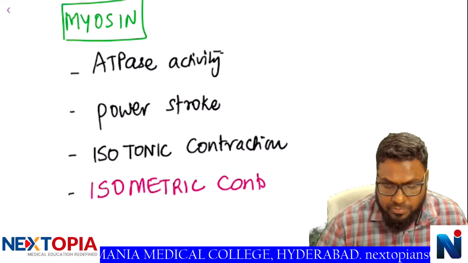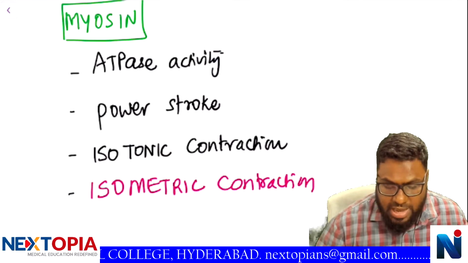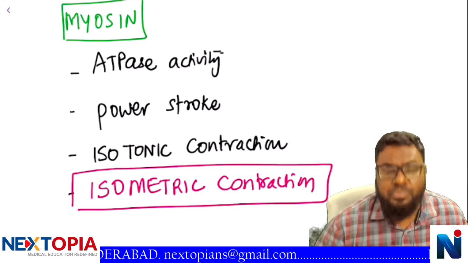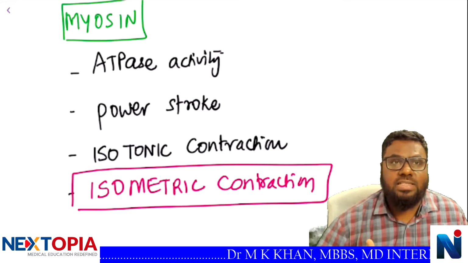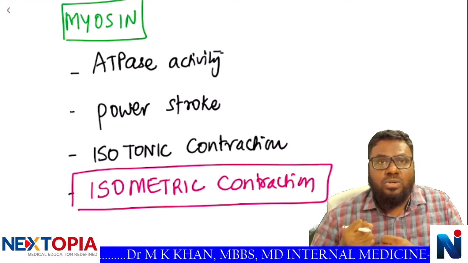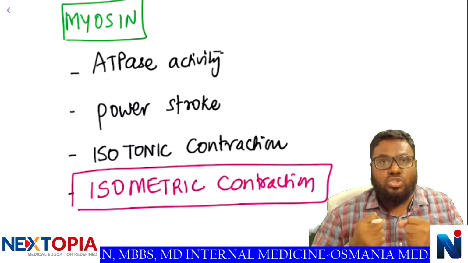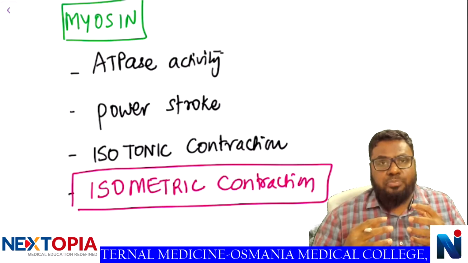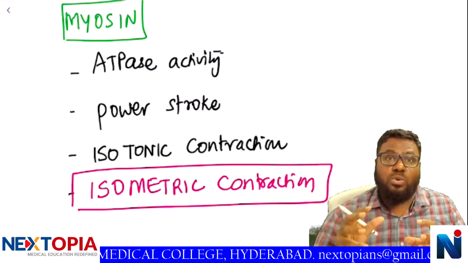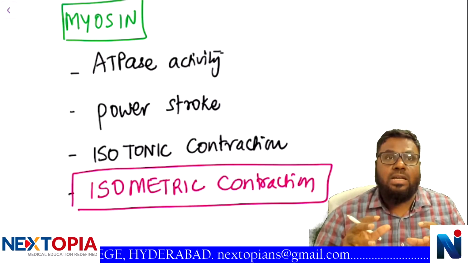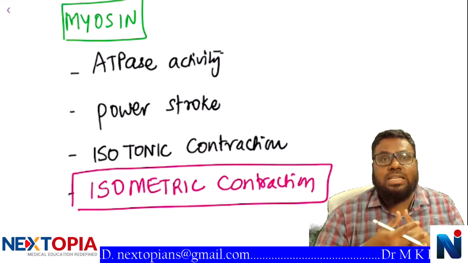I repeat. So first, what happens? Because of ATPase activity, the energy is generated in the myosin. Because of this high energy state, the myosin pulls the actin towards itself to generate a power stroke. This power stroke, if it generates enough force to transform it into a load onto the muscle fiber, results in shortening of the muscle.